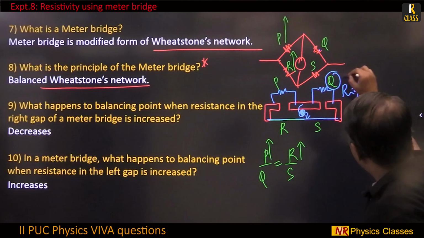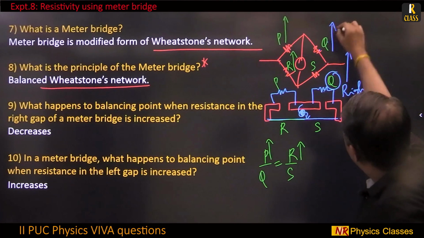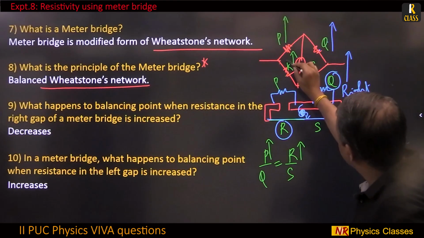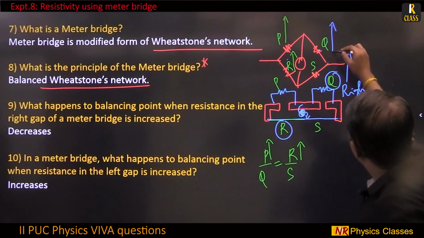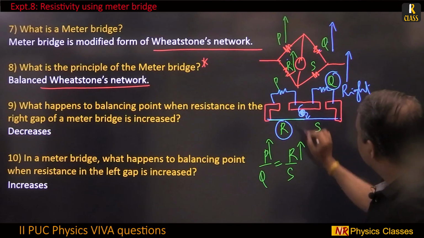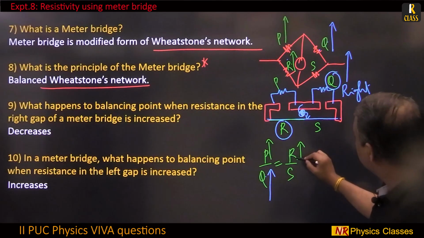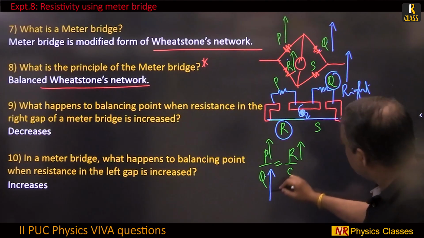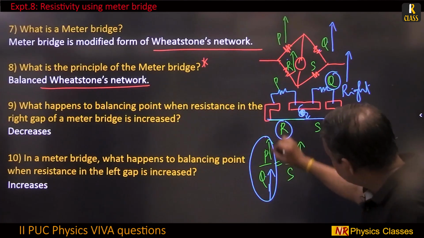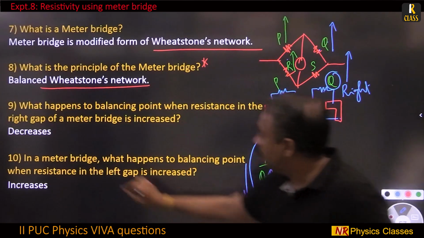If this increases, what happens to R? R is here. If Q increases, then R should decrease. If the denominator increases, this ratio decreases. Therefore, R should decrease.